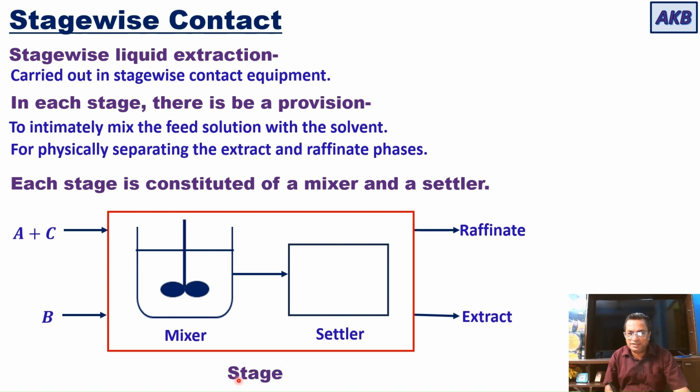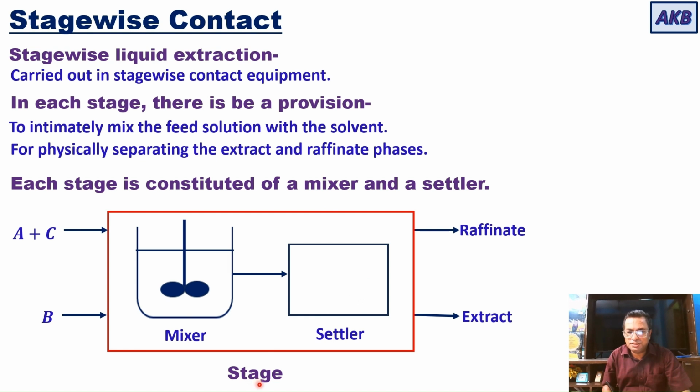So in stage-wise contact, in each stage, you have a mixer and then you have a settler. In the mixer, the two insoluble phases are intimately mixed, and in the settler, the mixture is allowed to settle into two phases, raffinate and extract phase, and then they are physically separated.